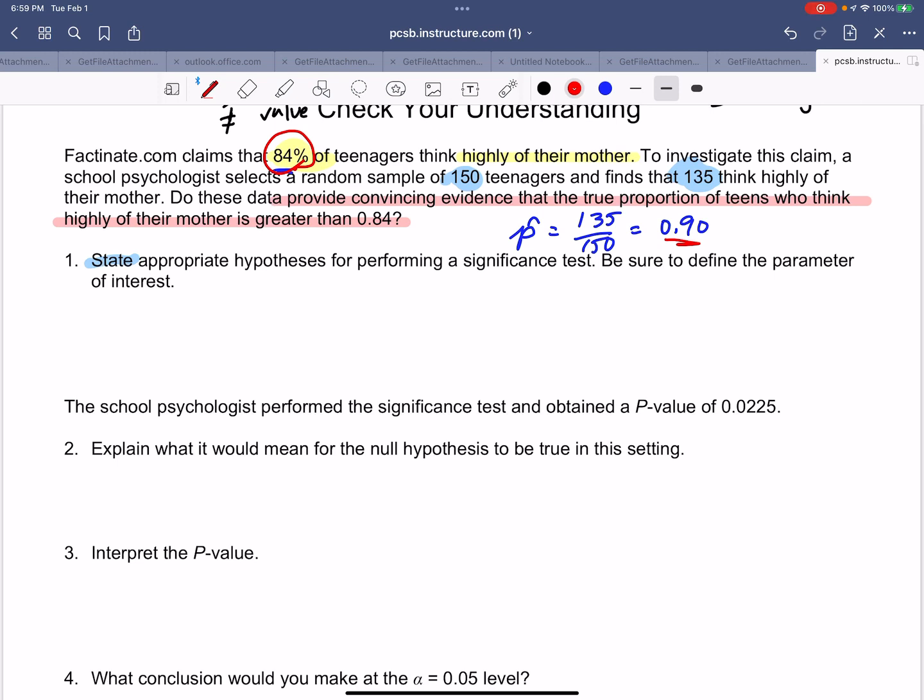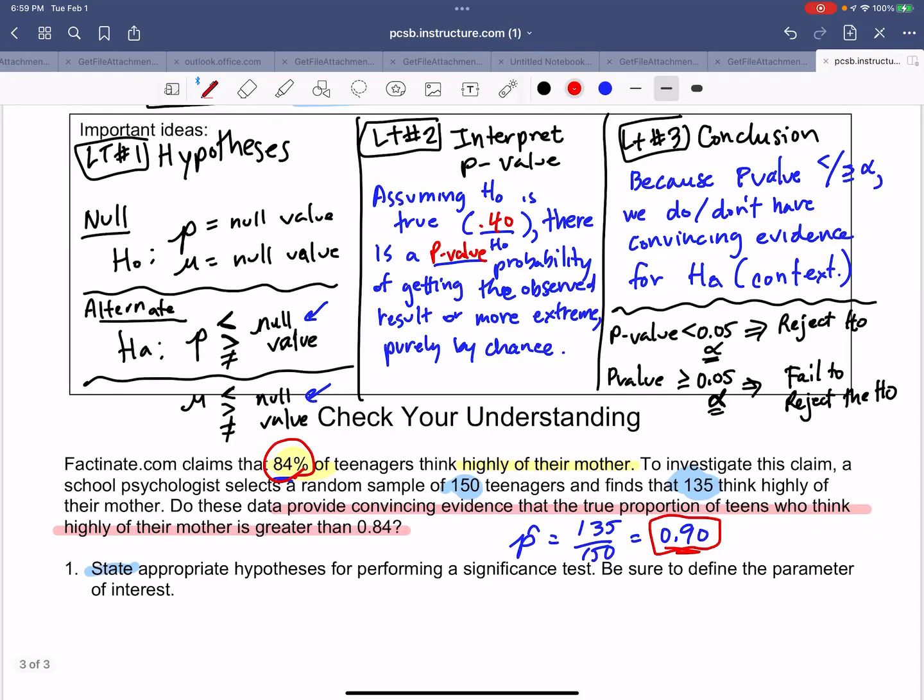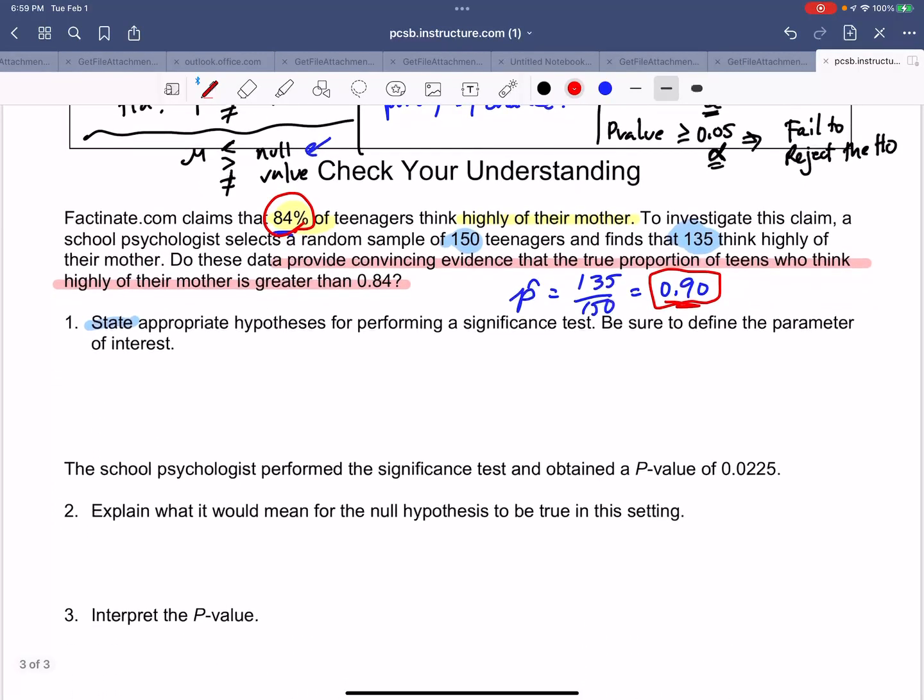We can actually use the calculator to calculate the probability of an outcome like 0.90 or greater, or more extreme. And then if that number is less than 0.05, we're going to go, oh, okay, we do have convincing evidence from the sample that the true proportion is maybe greater, okay? Because we have some evidence it's greater.